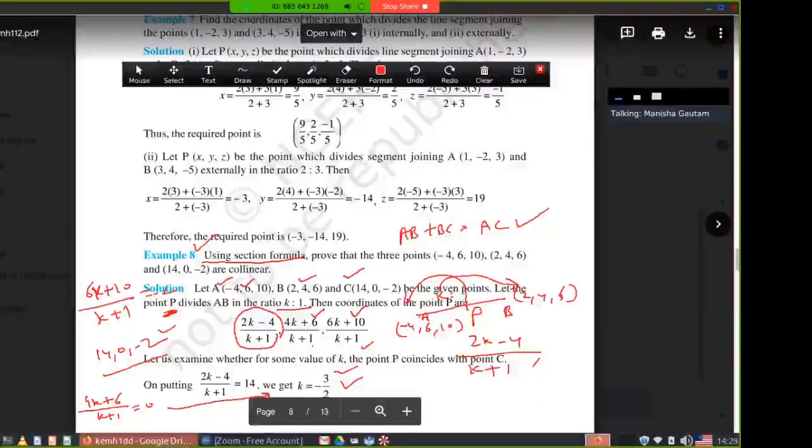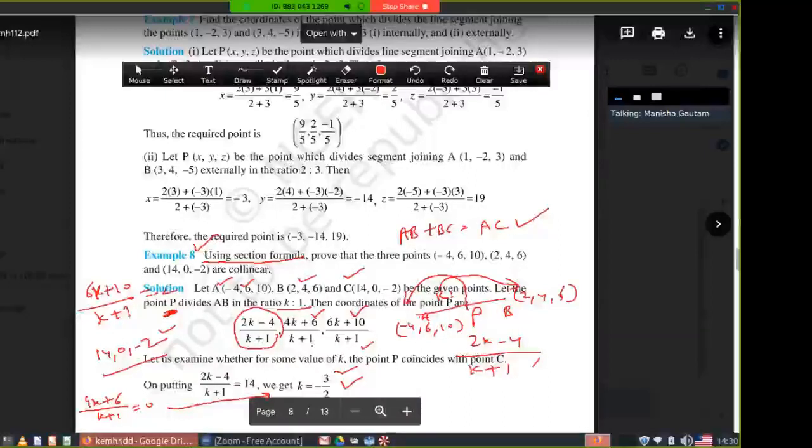But in NCERT, after putting the first part equal to 14, you get K equal to -3/2. Here the question proceeds differently. Let's see what they have done. They have put K equal to -3/2 in the second coordinate, that is 4K plus 6 upon K plus 1, and in the third coordinate, and you will get the values 0 and -2.